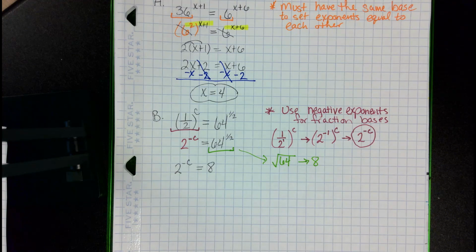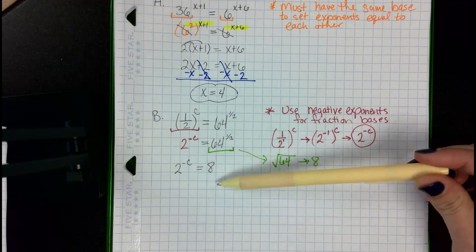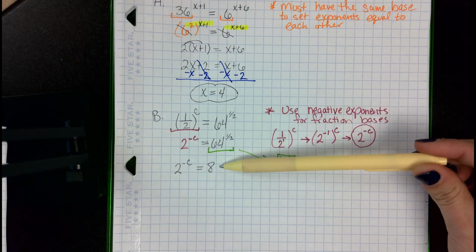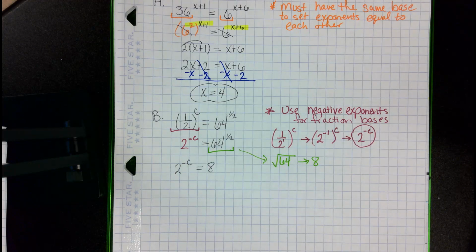And then from there, I could go back to my rule from the first example, is if they have the same base, I can set the exponents equal to each other. So if I can turn this base 8 into a base 2, then their exponents would be equal. So 2 times 2 times 2 is 8.